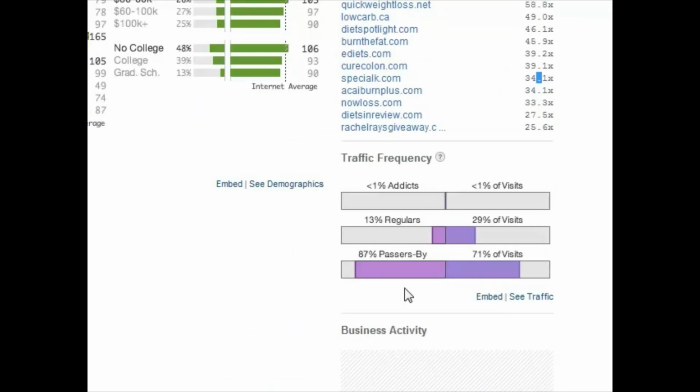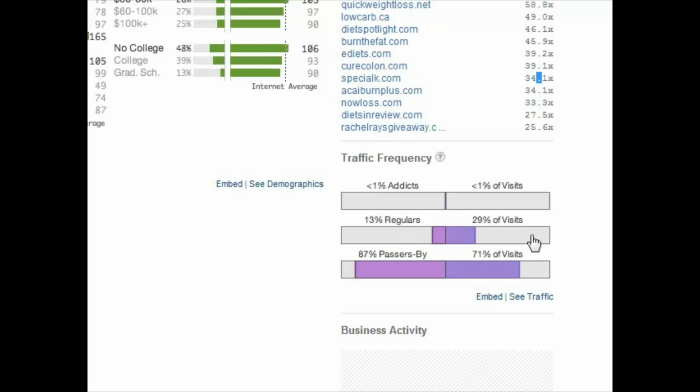And then we kind of go down here. The next thing I like to look at is traffic frequency. So less than 1% are addicts, 13% are regulars, 29% of all the visits are regulars, and then the rest are passersby. This is because this is a huge affiliate program, so they're driving enormous amounts of traffic to the site.